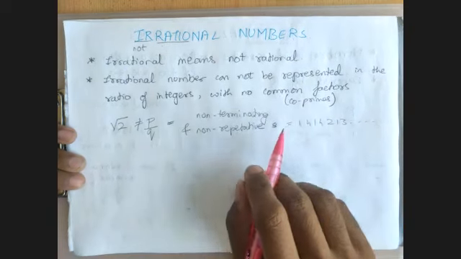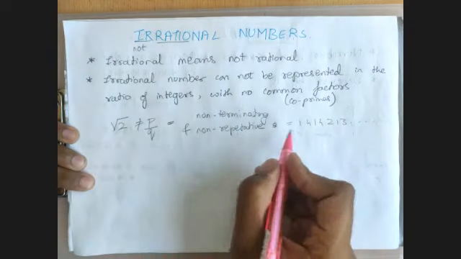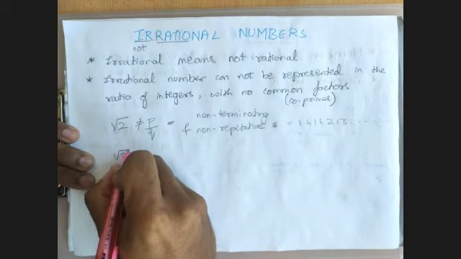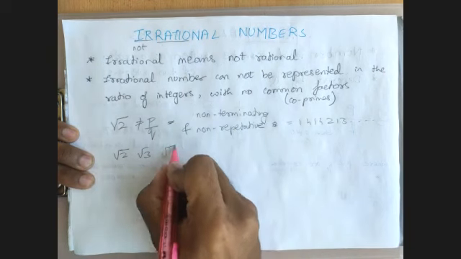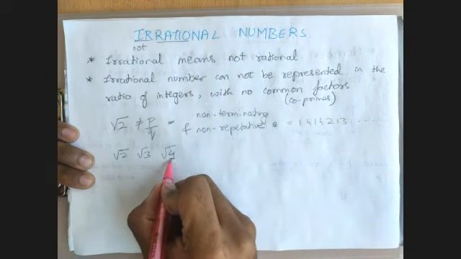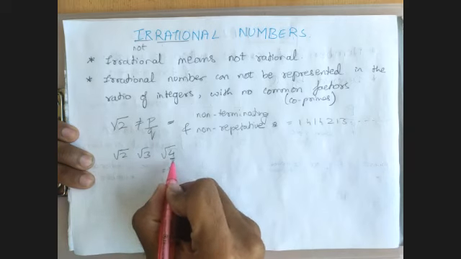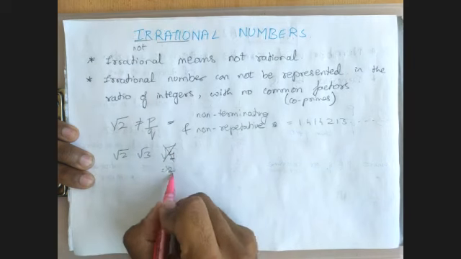Most of the roots which are not perfect squares are irrational, for example, root 2, root 3. Root 4: 4 is a perfect square. That is, root 4 is equal to 2. So it is not an irrational number. It is a rational number.